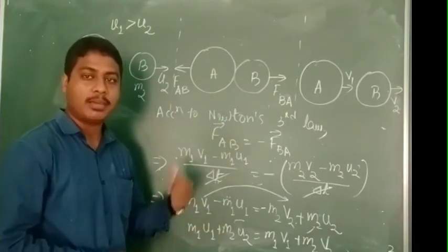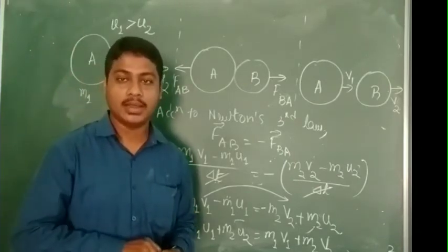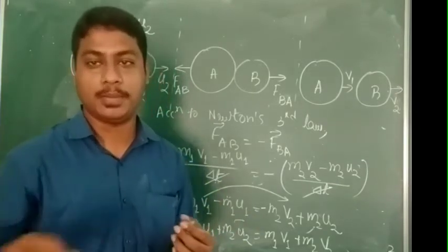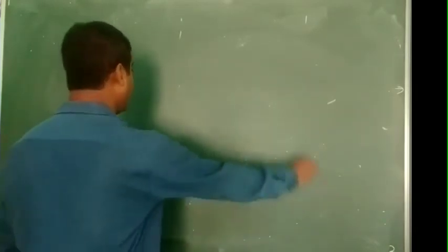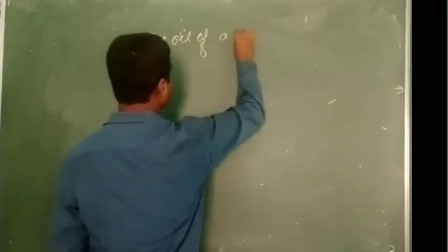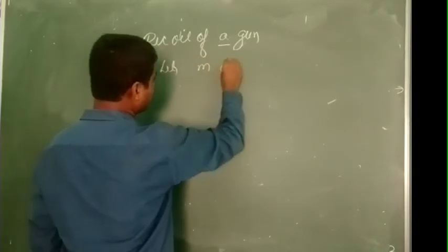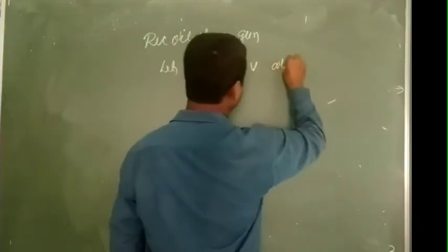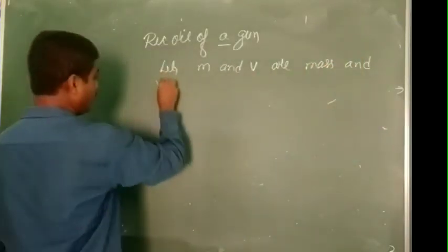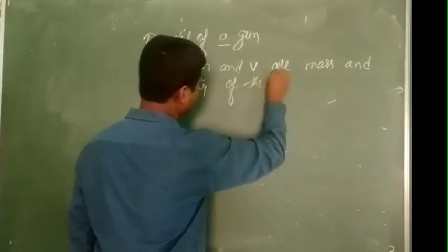Now let us see some examples related to the law of conservation of momentum, as I have already discussed the recoil of the gun. Let us see at how much velocity your gun will recoil. Suppose small m and small v are the mass and velocity of the bullet.